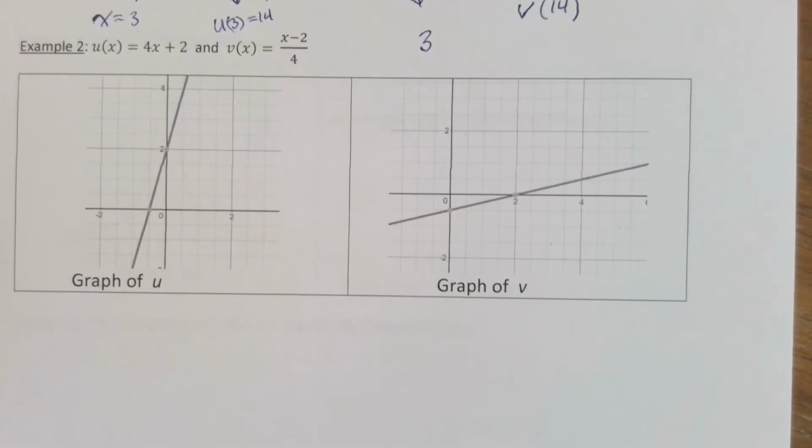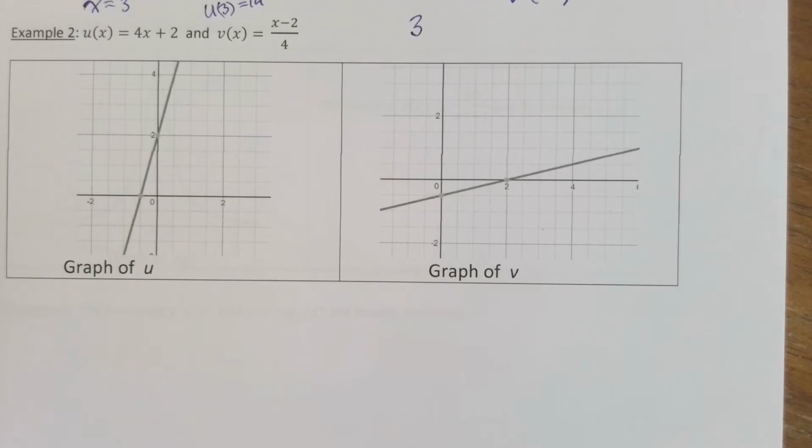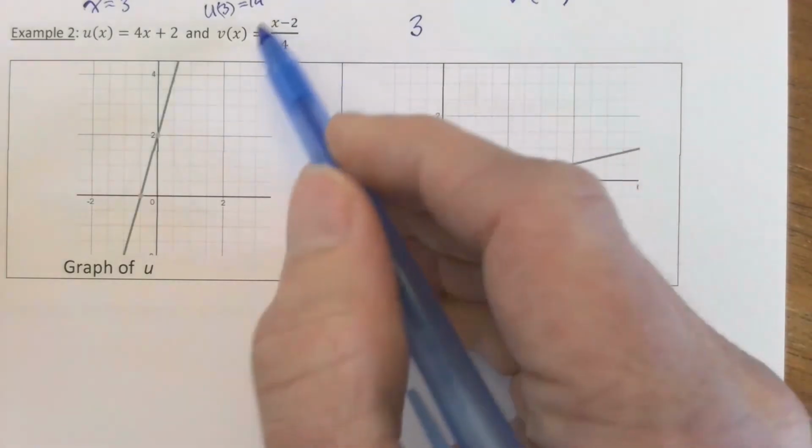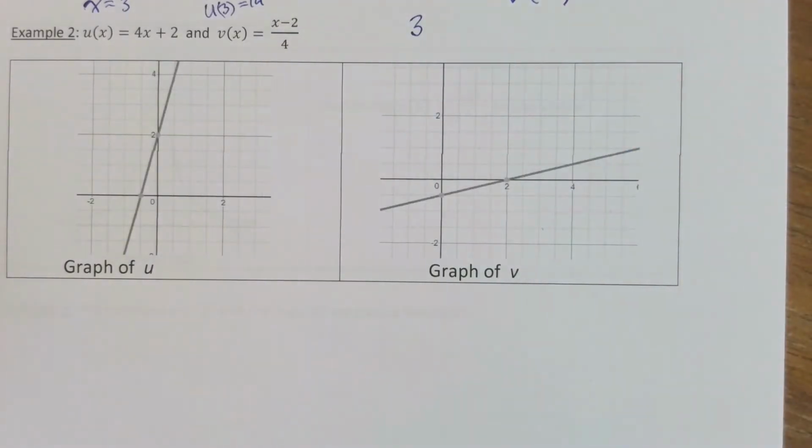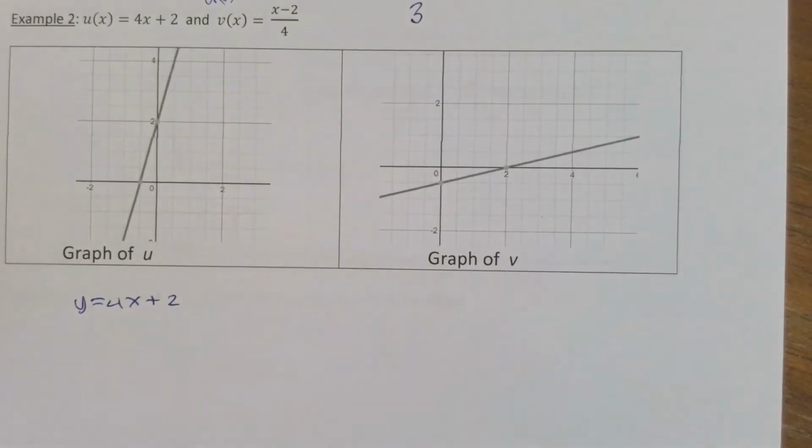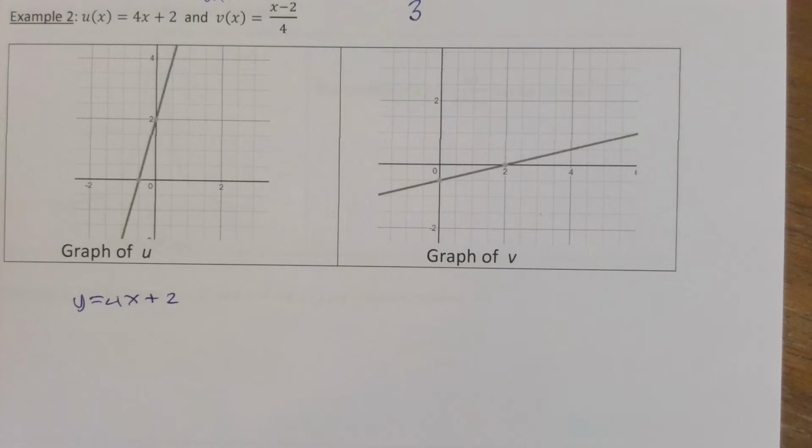I also want to illustrate how you would go about finding this inverse function if it was not given to you. This technique almost always works. You start off with y equals 4x plus 2. And in inverses, you want to trade places with x and y.